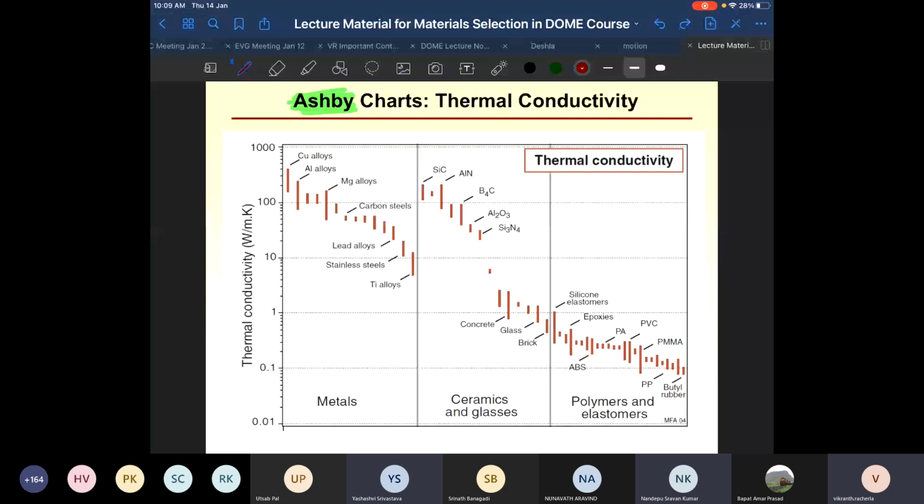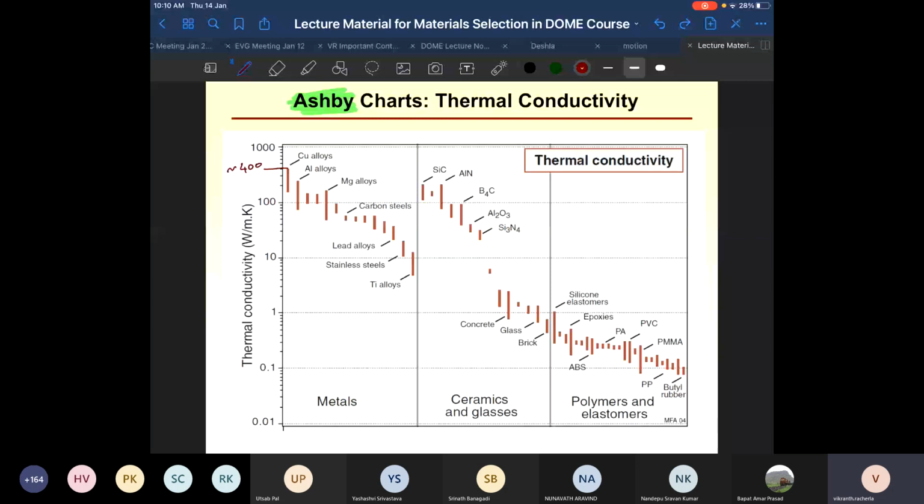You can get the highest thermal conductivity for copper, and for pure copper you can get a thermal conductivity of close to, how much is this? This is around 100, 200, 300, 400. Okay, so it has a thermal conductivity of about 400.